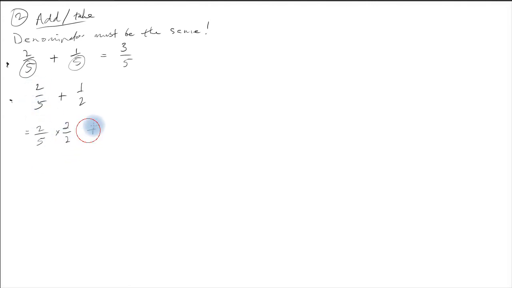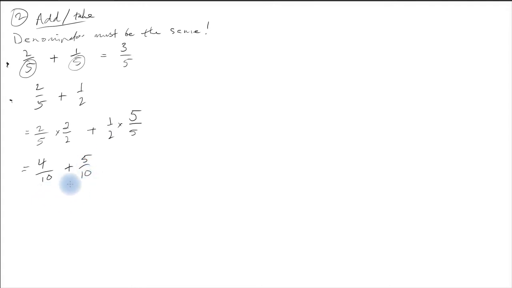And then for this one, a half, to get the denominator to be 10, we need to multiply that 2 by 5. Now because we're only allowed to multiply stuff by 1, this must be 5 on 5. So now we have 2 times 2 is 4 on 10, plus 5 times 1 is 5 on 10.